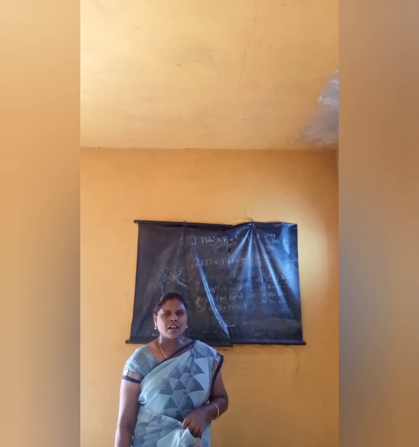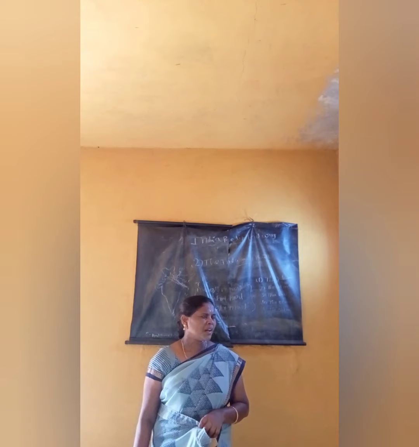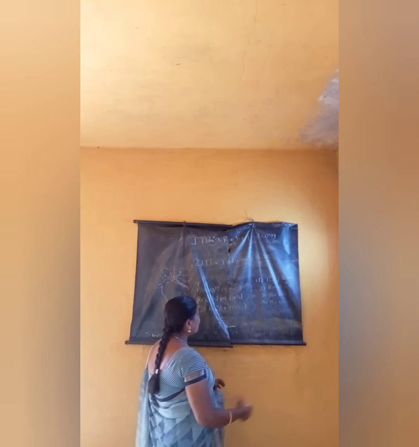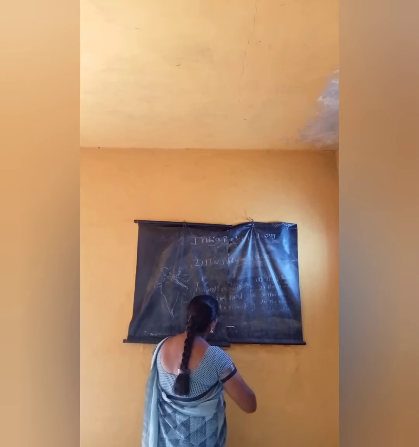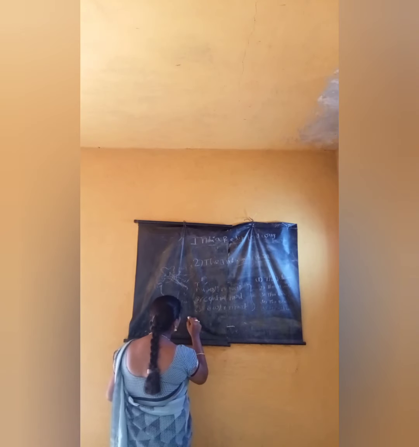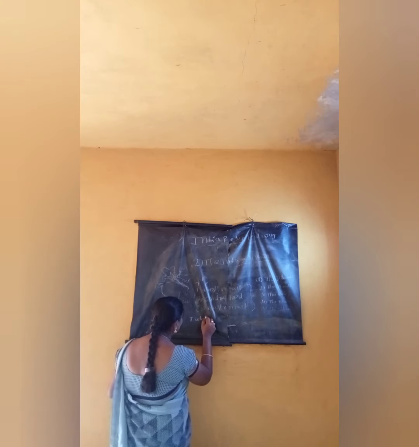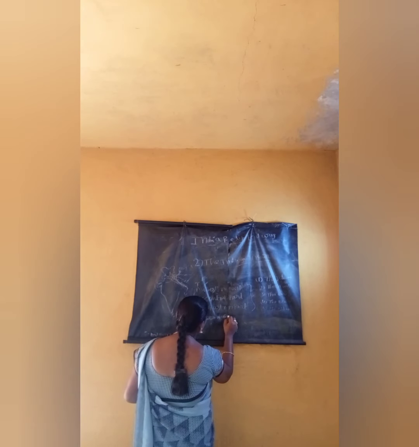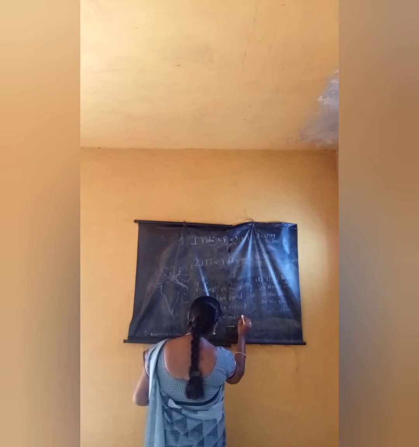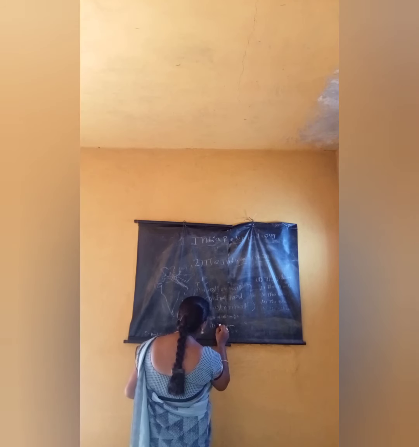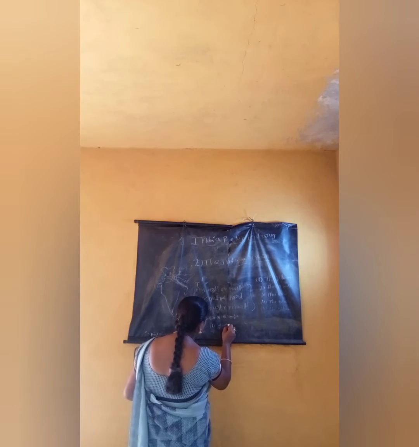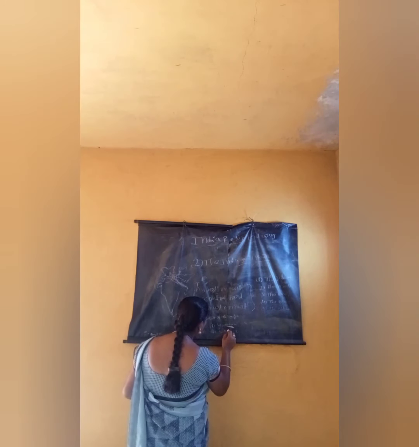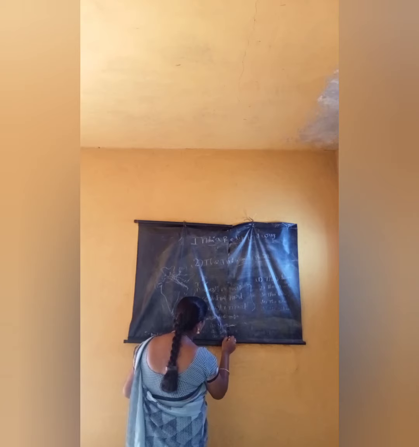The tributaries of the Ganga: Yamuna, Son, Kosi.